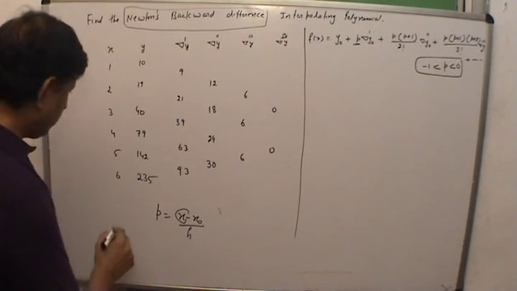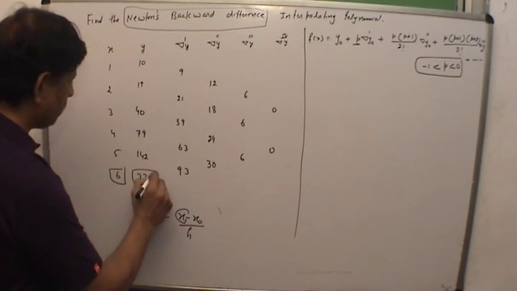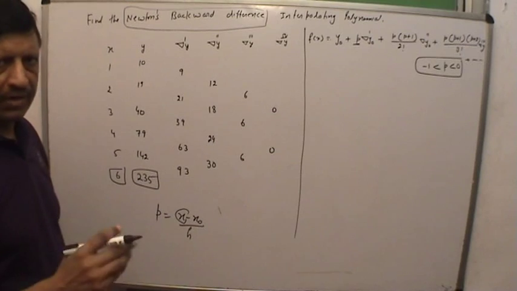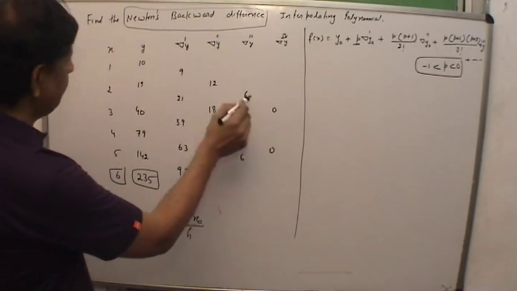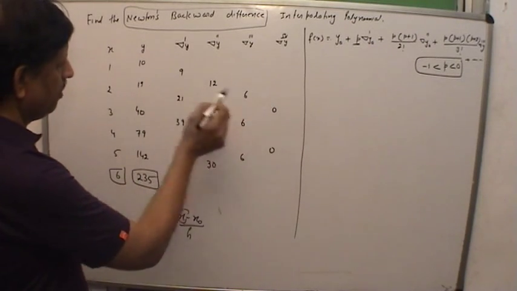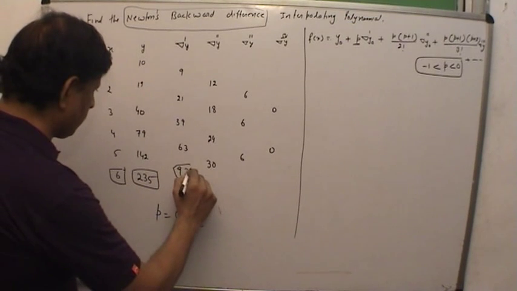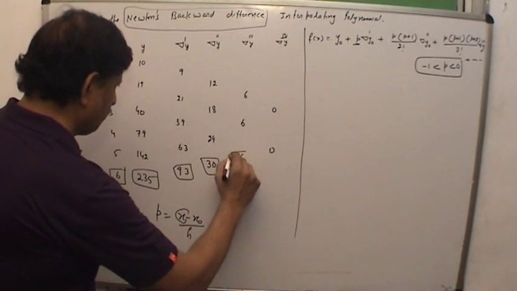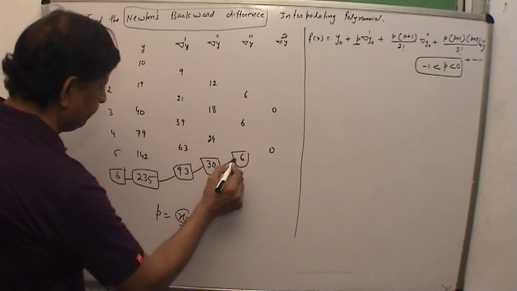Then what do we do? We start from the last value because it is the backward interpolation. If it were forward, then we would have selected the first row. If we select this, these numbers will be selected in this way. The trail is from below to above, like this.